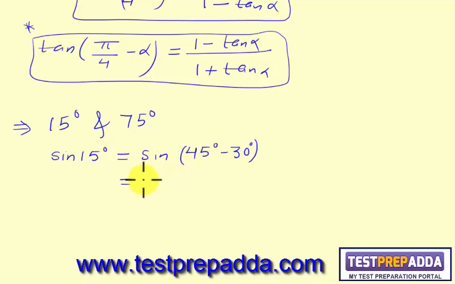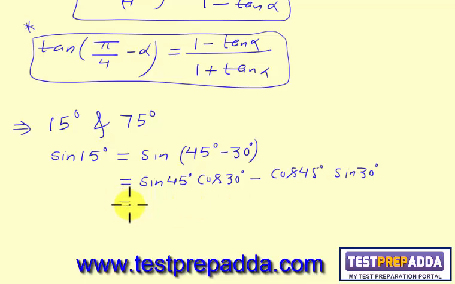And what is the formula? Sine A cos B minus cos A sine B. So I'll write sine 45 degree cos 30 degree minus cos 45 degree sine 30 degree. Now substitute values. Sine 45 is 1 upon root 2.